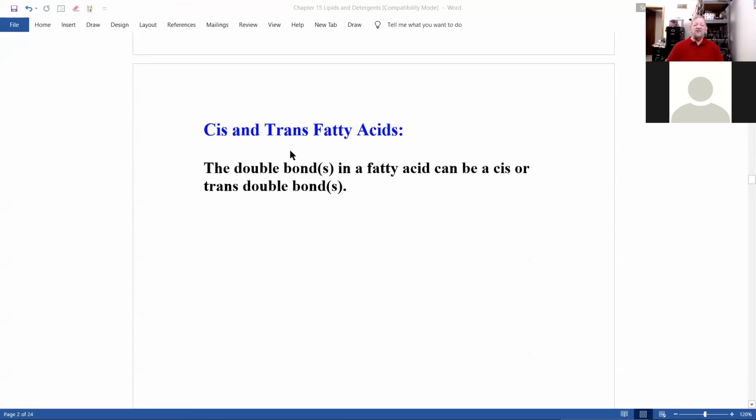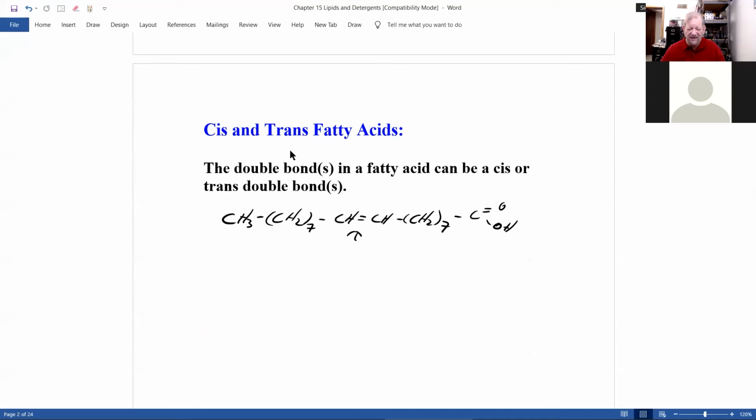Now, as I said, in stearic acid, oleic acid, monounsaturated, this time in the semester, you got to be patient because I'm writing out big molecules. This double bond can be cis or trans.